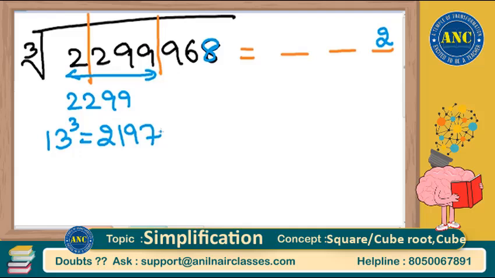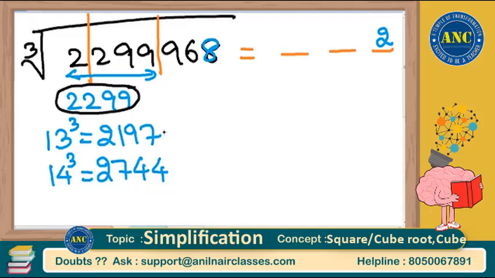Similarly, 14 cube is 2744. That is exactly the reason I told you that you should know the cubes till 15 minimum. That means this particular number lies between 13 cube and 14 cube. The smallest is 13. Put that 13.